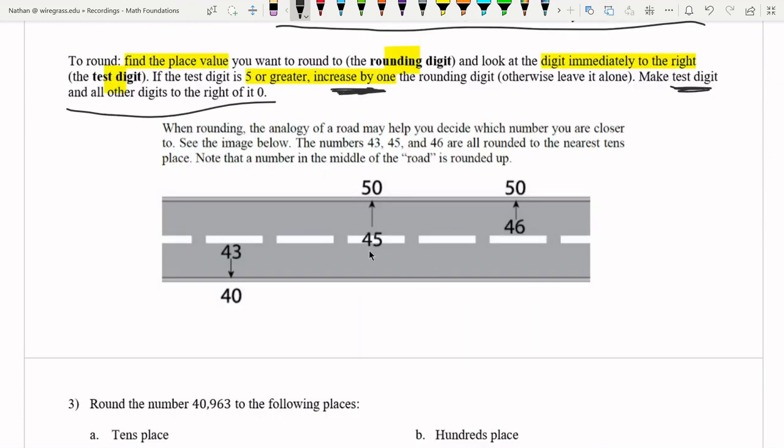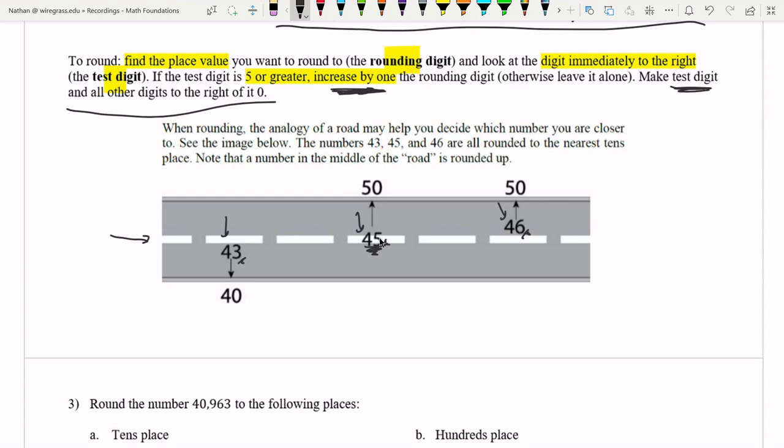You can think of it using a road analogy if that helps you. When you're in the middle of the road, you're looking at the value 5. So here we're rounding to the tens place. The test digits are going to be 3, 5, and 6.